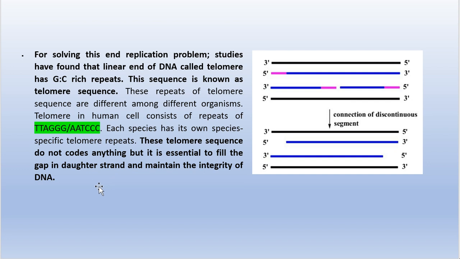Telomeres in human cells consist of repeats of TTAGGG and the complementary sequence AATCCC. Each species has its own species-specific telomere repeats. So in the case of humans, this is the sequence. These telomere sequences do not code for anything, but they are essential to fill the gap in the lagging strand and maintain the integrity of the DNA.